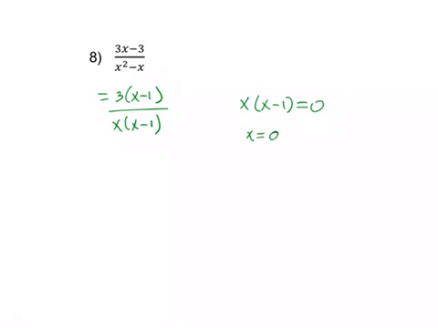So x equals 0, x minus 1 equals 0, so x equals 1. Those are my two restrictions, because I'm not asking you to write the domain. We can just keep it like that. So in this case, I can cancel out the x minus 1 with the x minus 1, and I just have equals 3 over x. That's it.